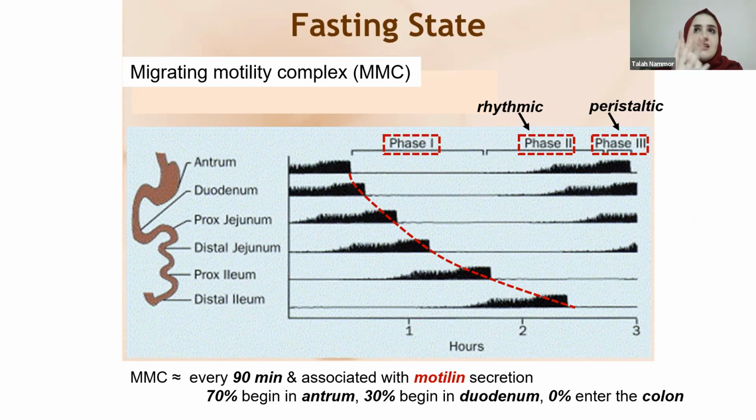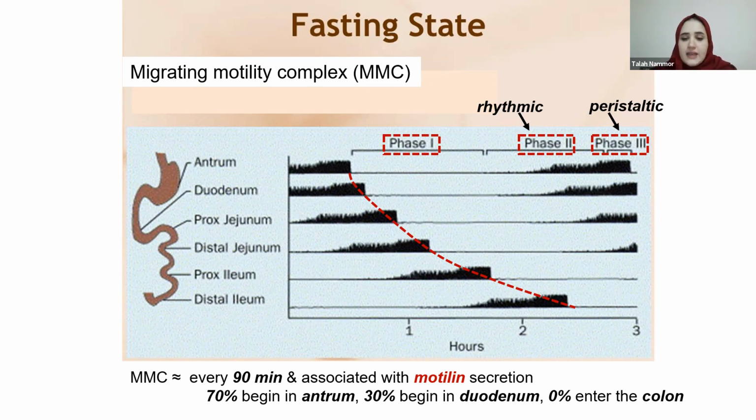These 3 phases will keep repeating every 90 to 120 minutes. Every 90 to 120 minutes the cycle will be completed. If there is no food, the cycle will repeat itself again. But if there is food, then the things that we talked about will happen. Okay, is this clear?